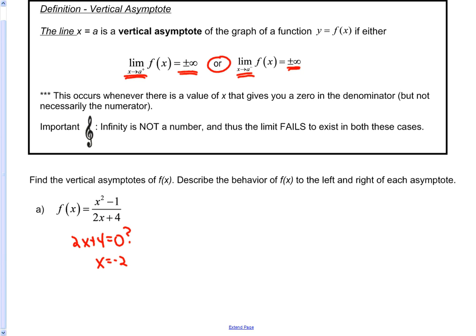So what we need to do now is to take a look at the function as x approaches negative 2 from the right. And then we also need to look at the function as x approaches negative 2 from the left.